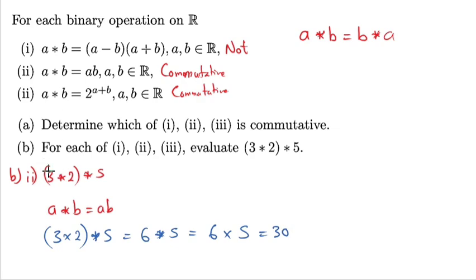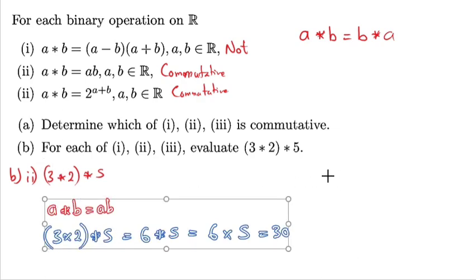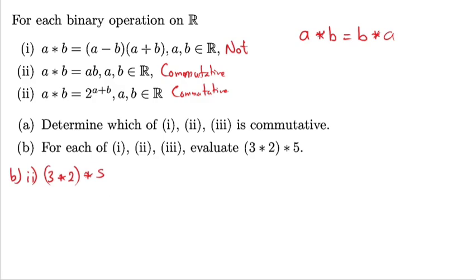Okay, so let's jump to the third one. So part B, number 3 now. The binary operation is A star B is equal to 2 to the power A plus B. So for the first part, our A is 3 and our B is 2. So this will be 2 to the power 3 plus 2.